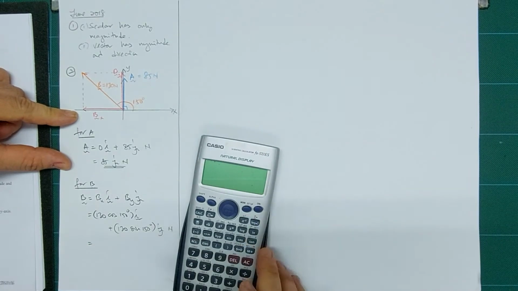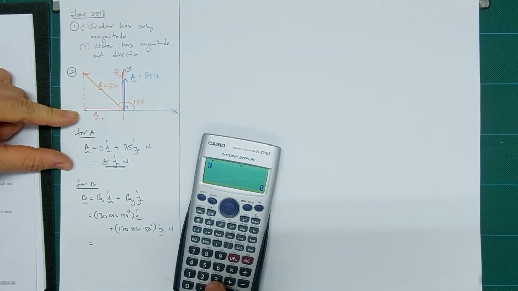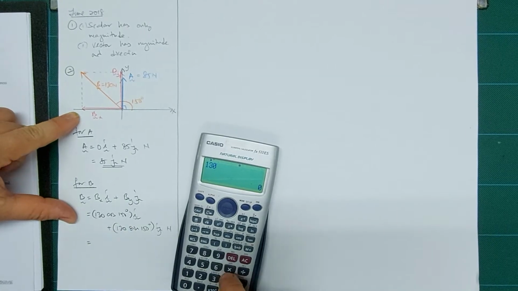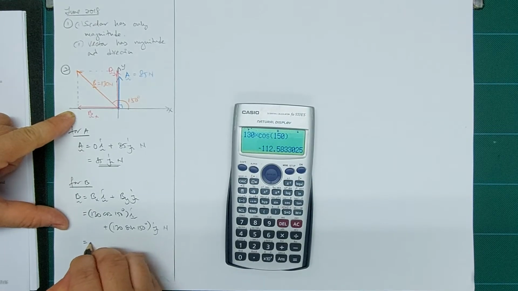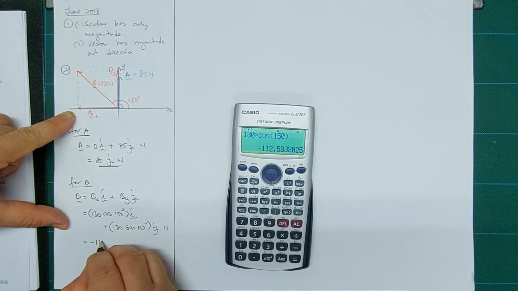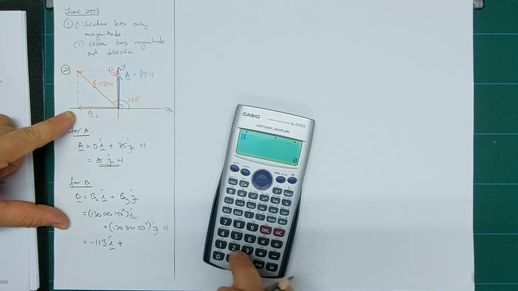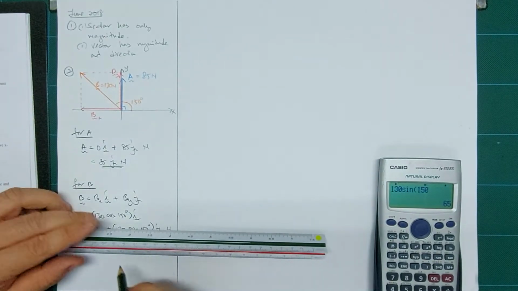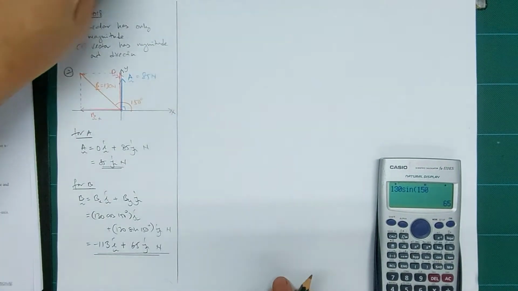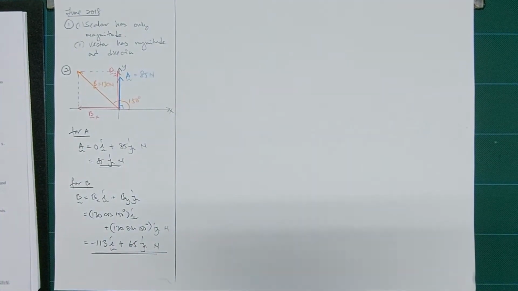With the help of a calculator, 130 multiplied by cosine 150 automatically comes out negative 113 i, plus 130 sine 150, which is 65 j newtons. That is our answer for B in component form.